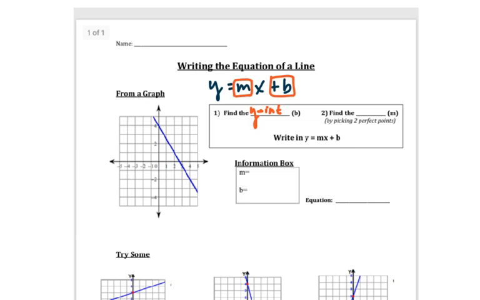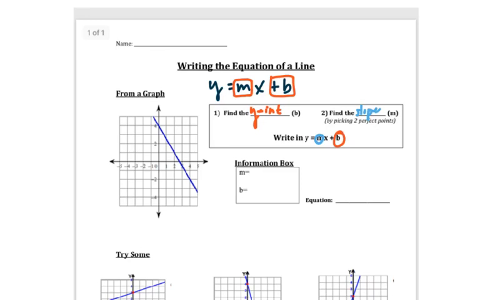And then it says to find the m. The m is the slope. We find the m by picking two perfect points. That will make sense in just a second. Then we write it as y equals mx plus b.